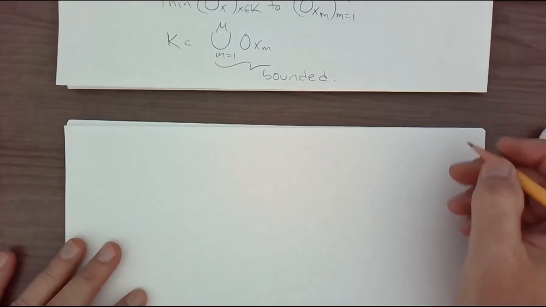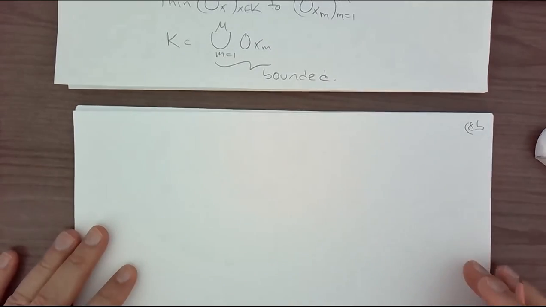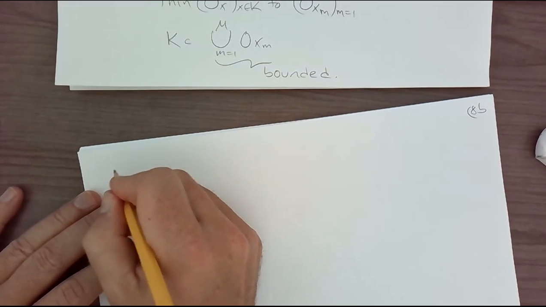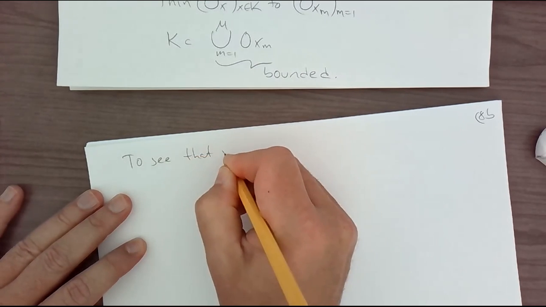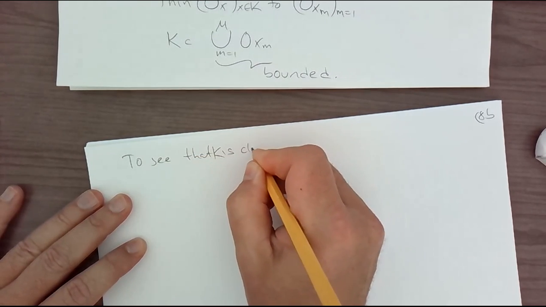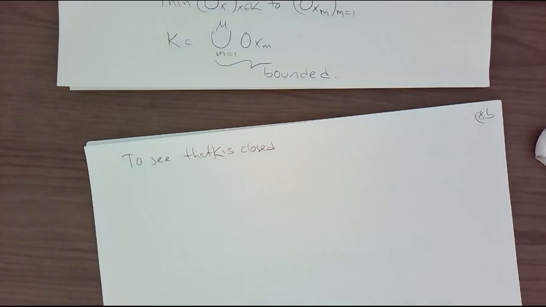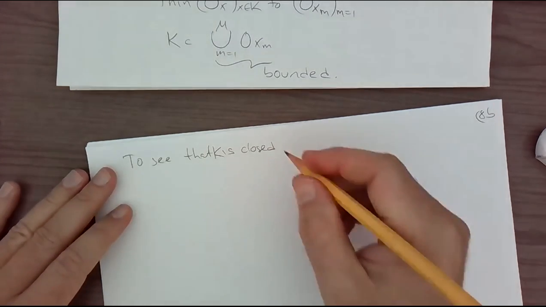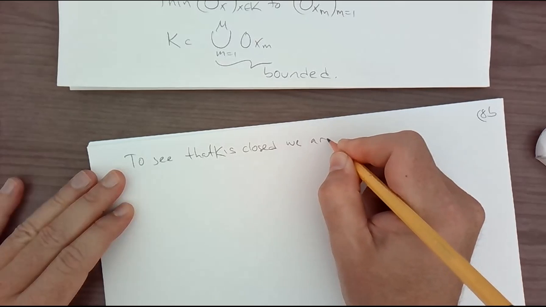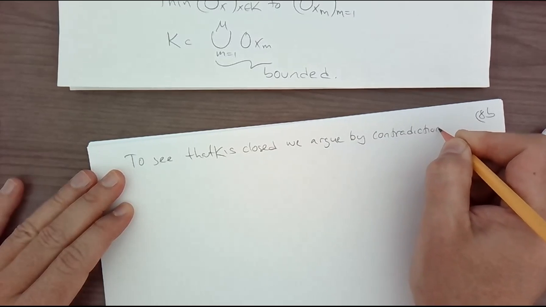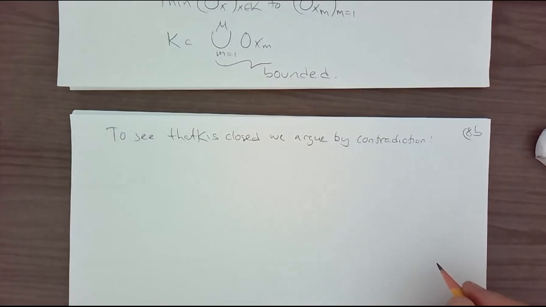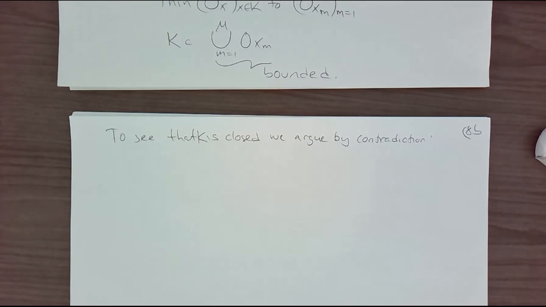We also need to show that K is closed. So this is a bit more involved. Let's see if I can get it to work. We argue by contradiction.